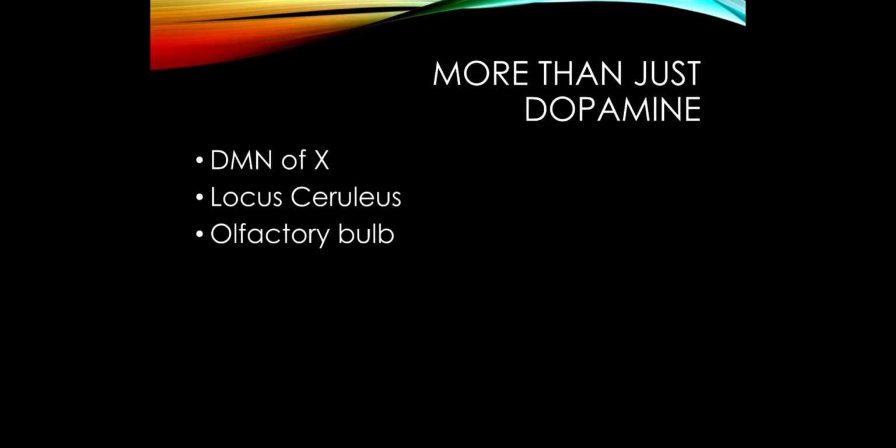So why is constipation so common in Parkinson's disease? There's some different anatomy that's involved in that. The locus coeruleus I'll say more about later, but the olfactory bulb is also involved in Parkinson's disease. And so that's why a loss of smell is quite common in addition.